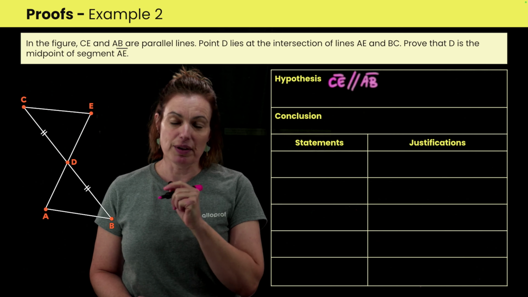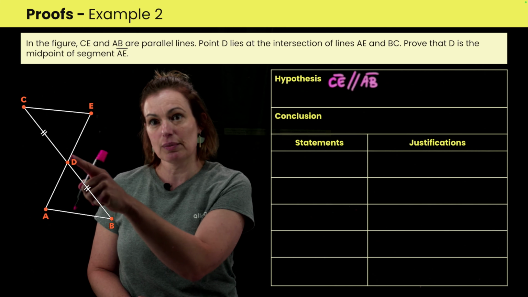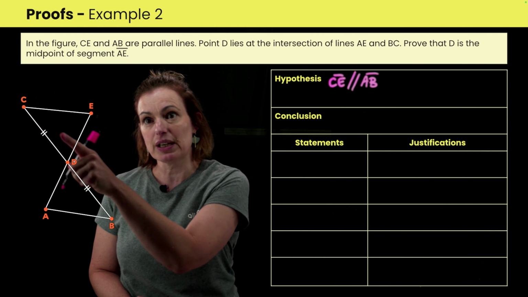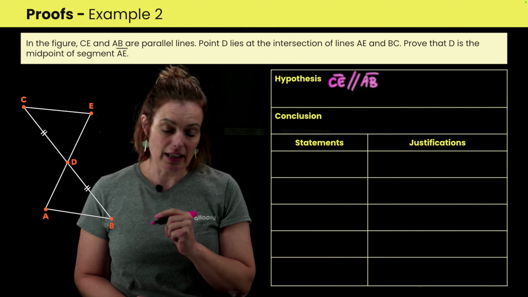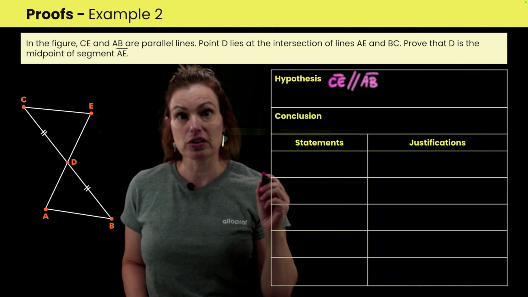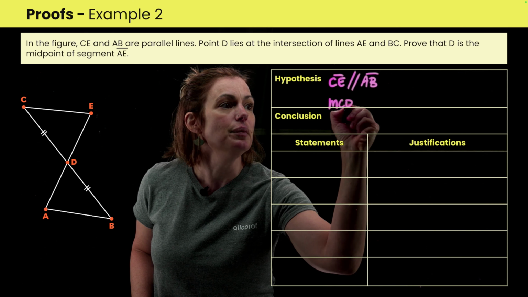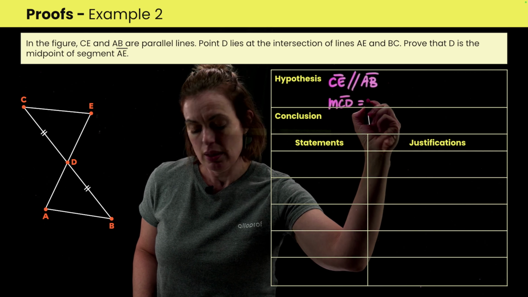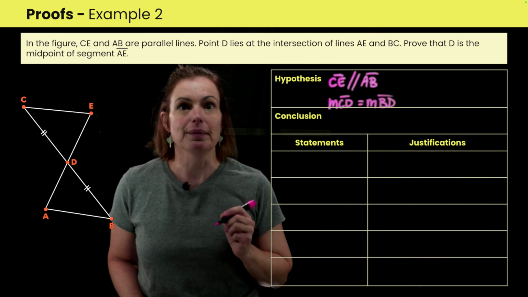I'm also given in my figure that the line segment CD is equal to the line segment DB, and I can see that because of the two little pairs of lines there showing me that they're exactly the same measure. So that's my next hypothesis statement right here. Measure CD is equal to the measure of length BD.